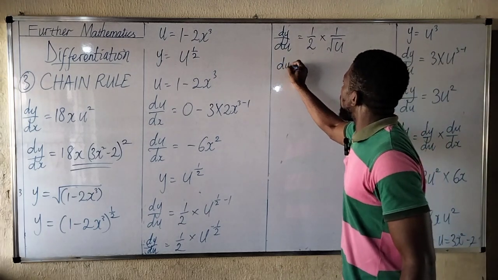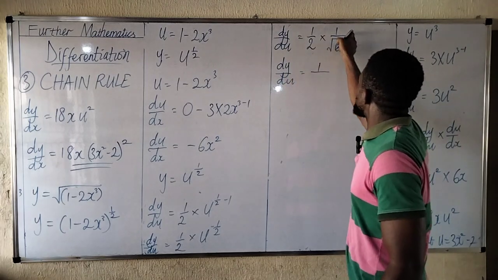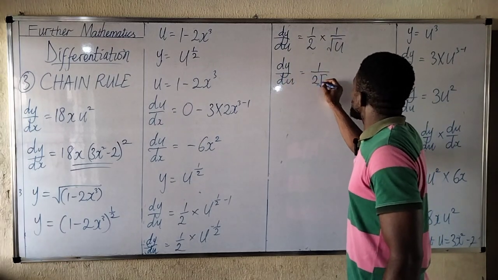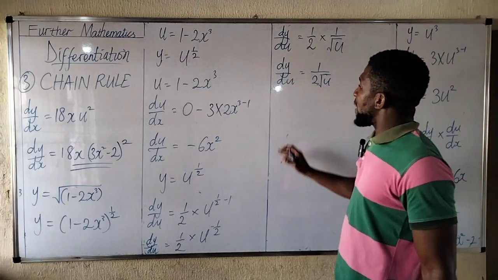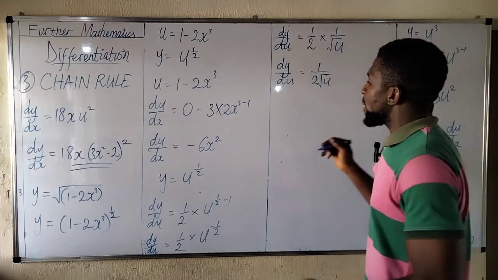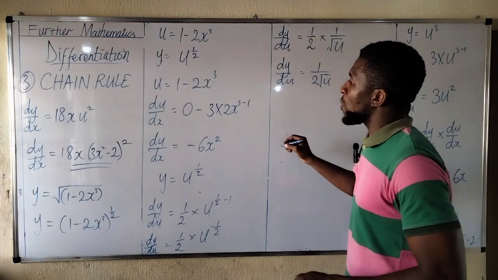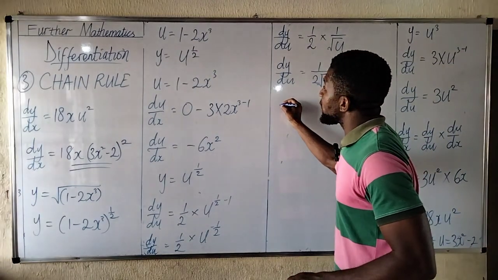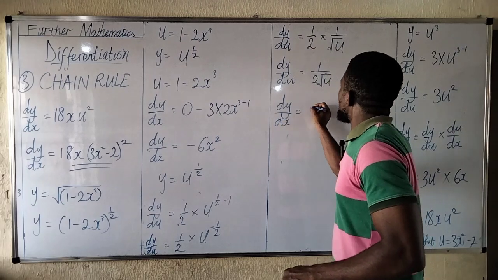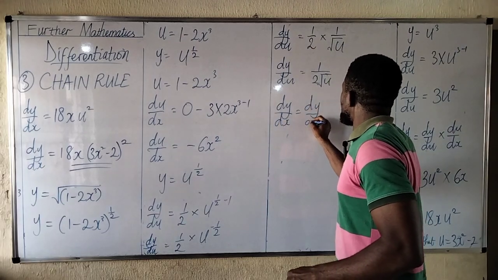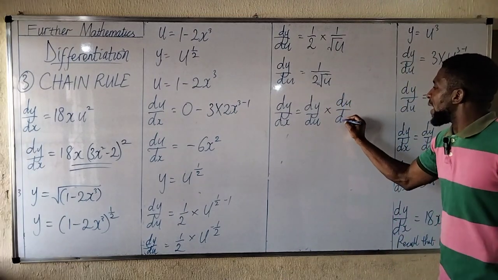Finally, our dy over du will be written as 1 over 2 root u, because 1 times 1 is 1. Since we have successfully gotten the values of our du over dx and dy over du, it's time for us to employ the general formula of chain rule, which says dy over dx equal to dy over du times du over dx.